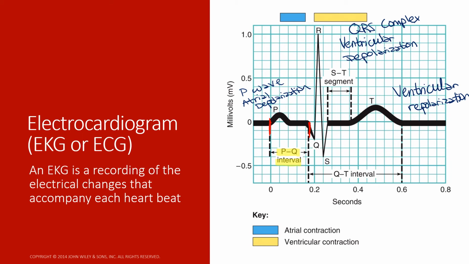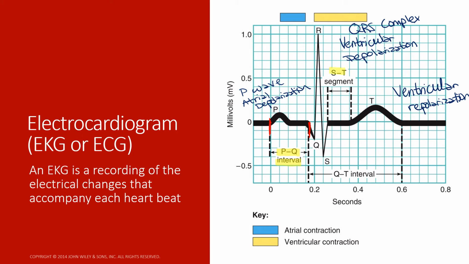This represents the conduction time from the beginning of atrial excitation to the beginning of ventricular excitation. That's the PQ interval.